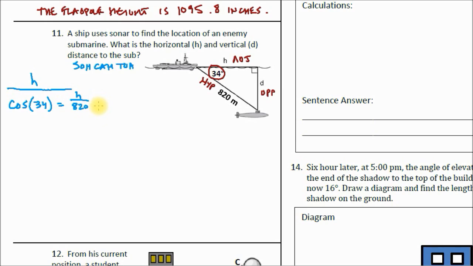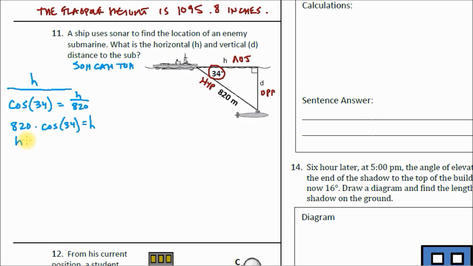We need to get H by itself, and H is on top of our ratio or our fraction here, so we multiply by 820 to cancel the denominator. So the 820 ends up getting multiplied by the left. 820 cosine of 34 is equal to H.